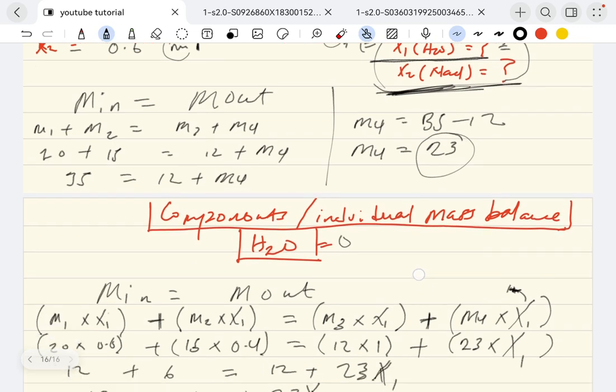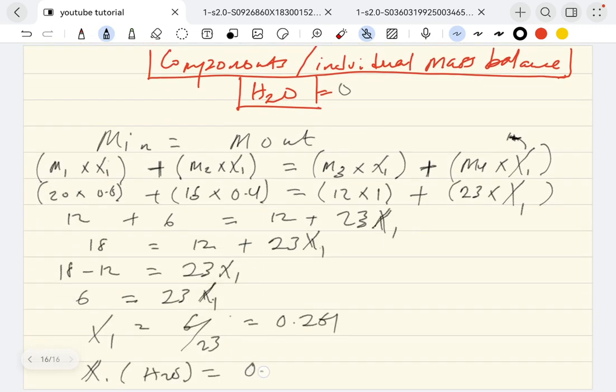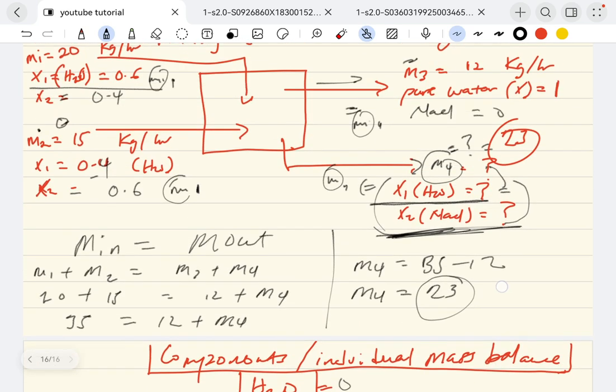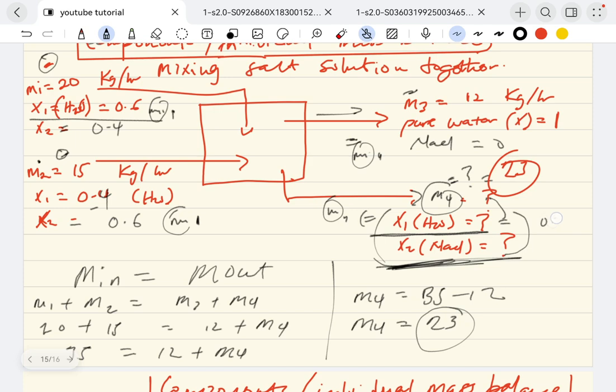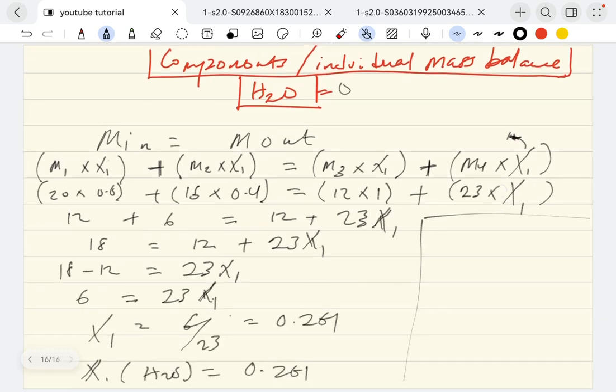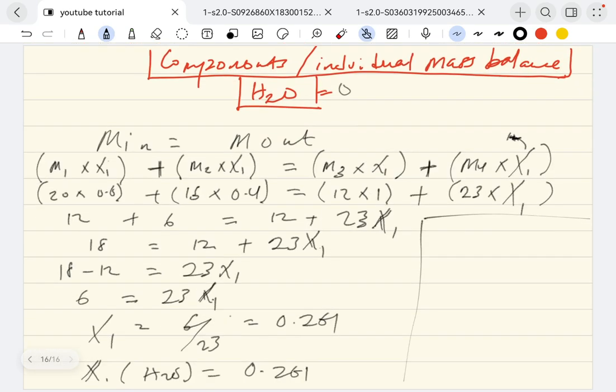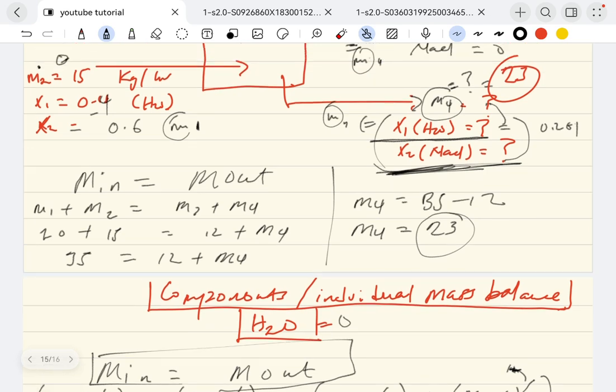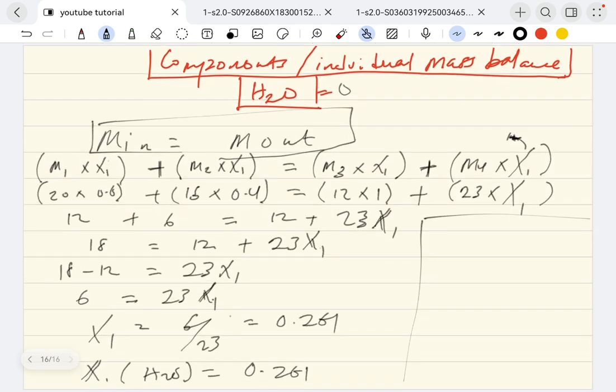So our fraction of water from the M4 is 0.261. Now we know the fraction of water from here is 0.261. We have to calculate that of salt from this stream. I can use this formula and calculate, which will be very long, or because it's only two components, if I know the other one, I can simply subtract that from one, because two things adding up, the fraction will be 1.